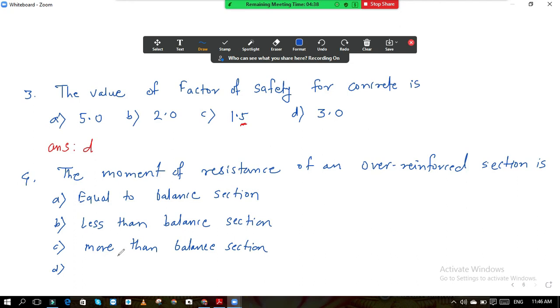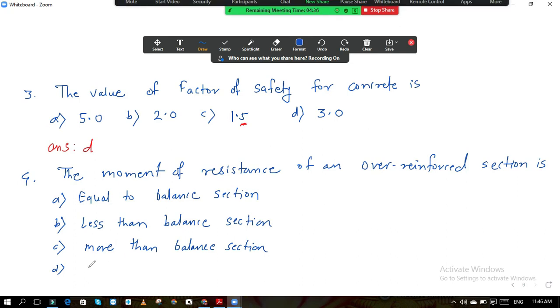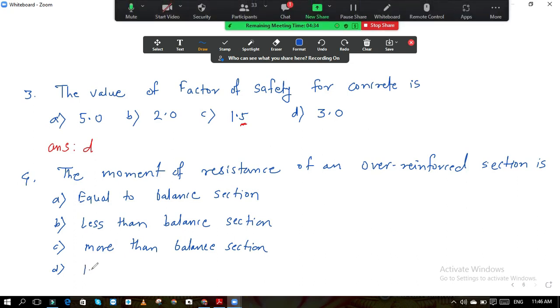Fourth option, less than under reinforced section.